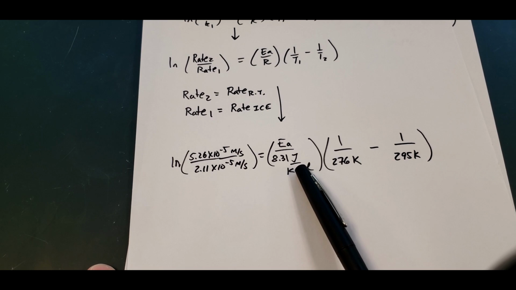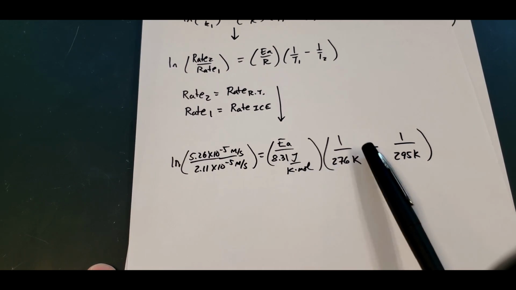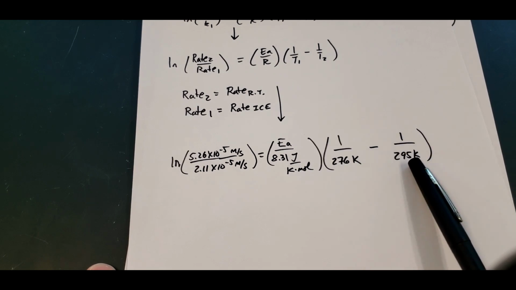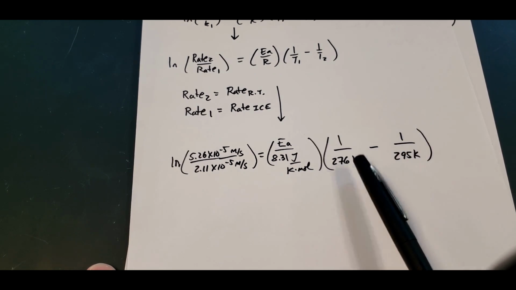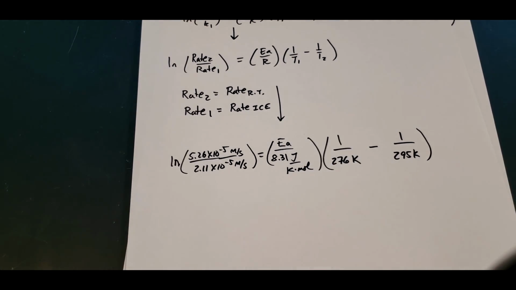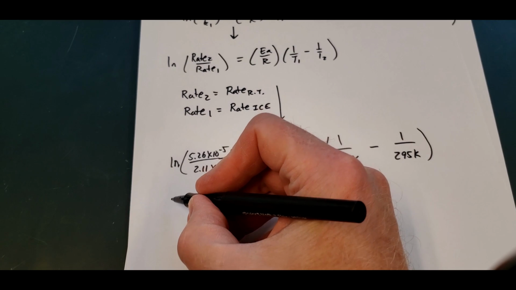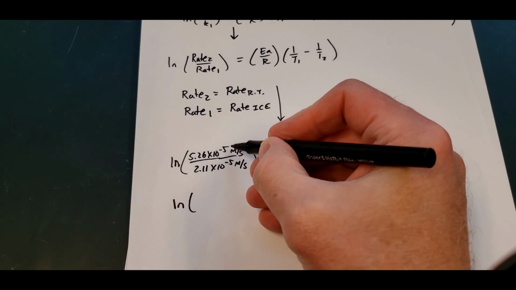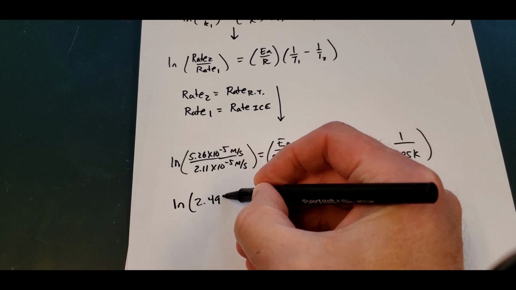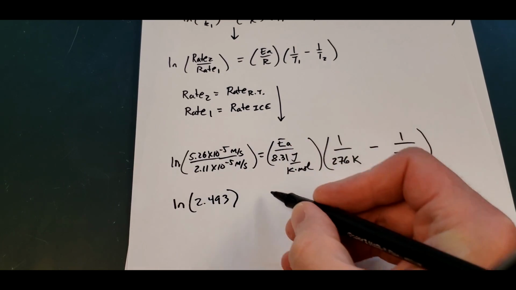8.31 joules per kelvin mole is the gas constant that we'll use. 1 over 276 and 1 over 295. Those are our temperatures, the room temperature and ice bath temperature. Now, when we solve this, we have the natural log. Take this number divided by this number, and we end up with 2.493. Units are canceled.